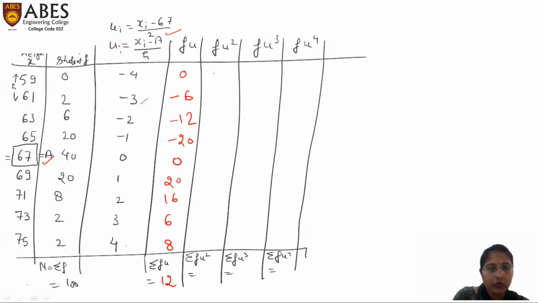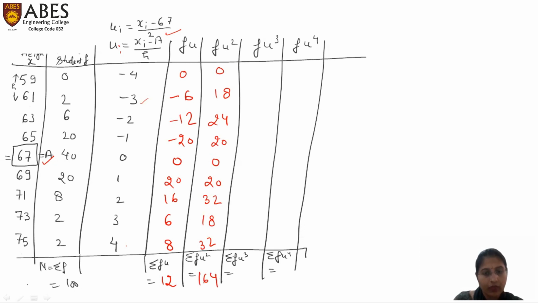Similarly, prepare fu square. Fu square means first make the square of u and then multiply by f. So fu square will be 0, 18, 24, 20, 0, 20, 32, 18 and again 32, and the summation of fu square is 164.